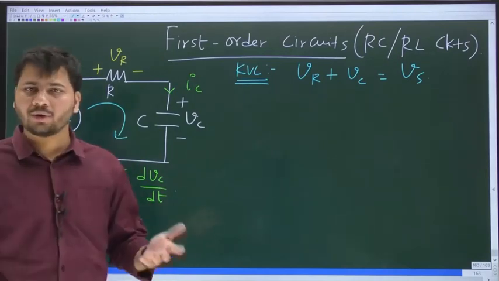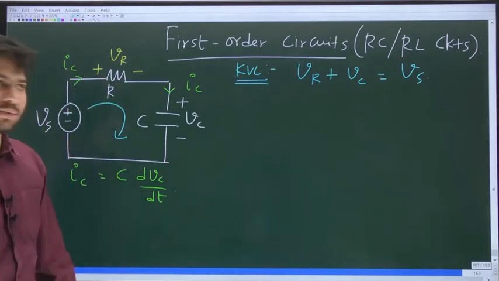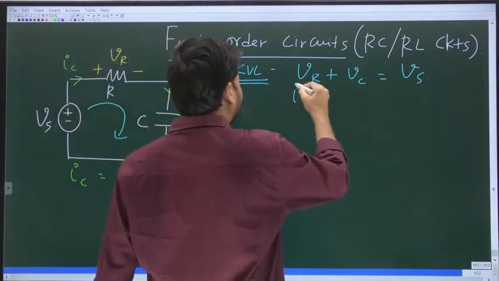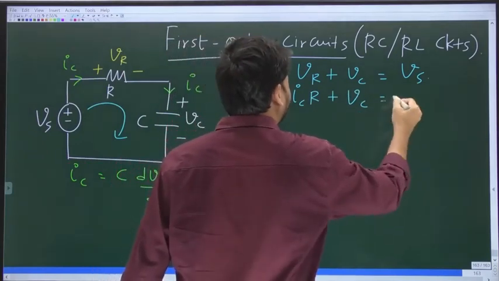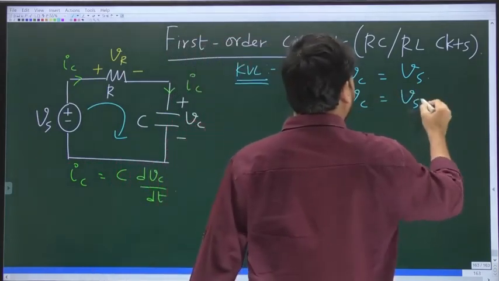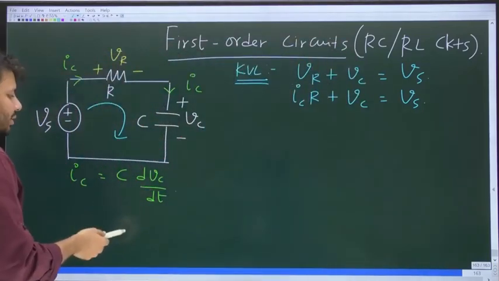Now the voltage across any resistor is, by Ohm's law, current into resistance. The current is IC, so VR is IC into R. And then Vc we write as Vc itself, and the right hand side is Vs. But you know, IC is C into dVc by dt.